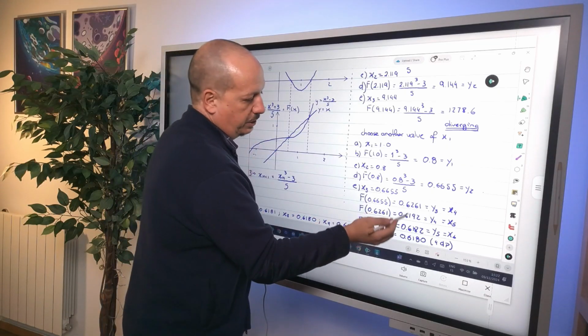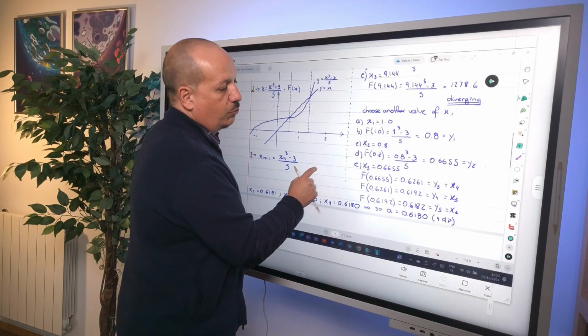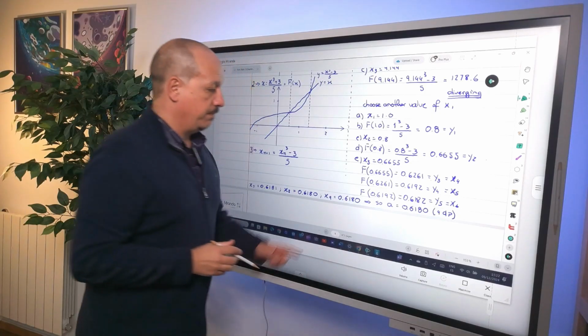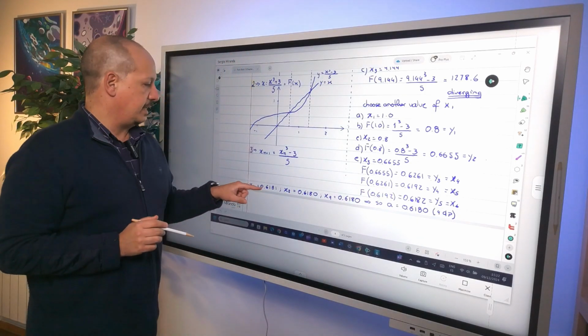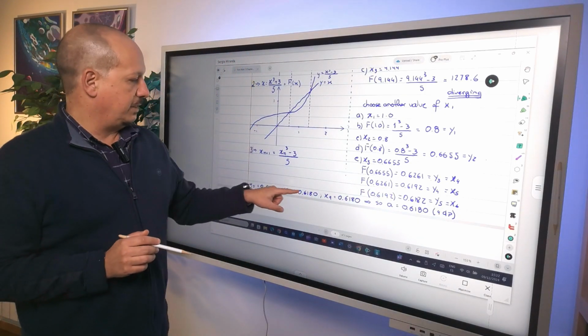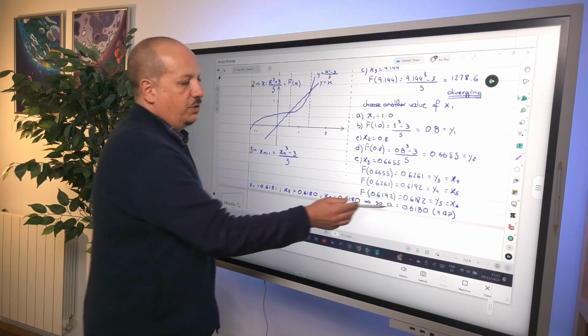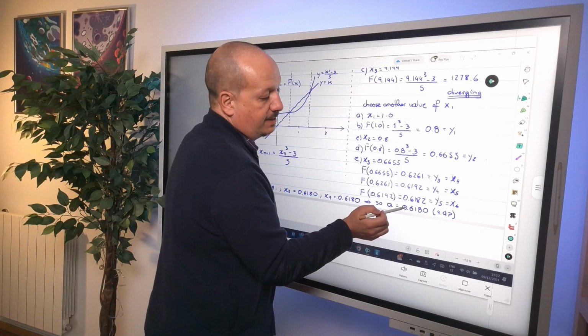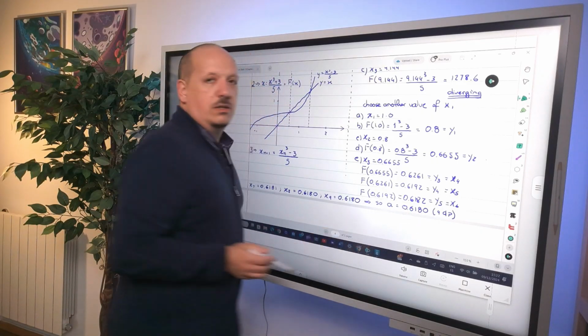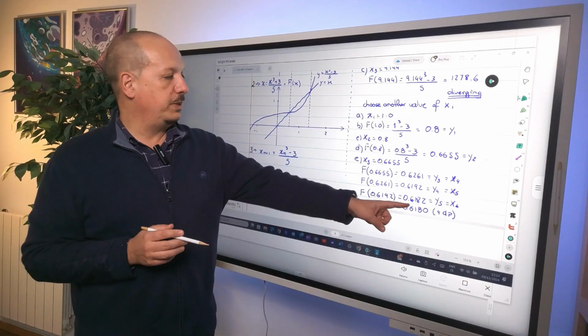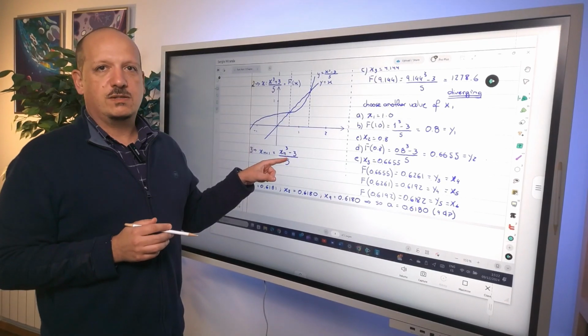But if you continue doing this, automatically you are going to increase the precision. Then I continued over here, x7, x8. Look at the values. You got as precise as 0.6180, precise to 4 decimal places, just continuing doing this process.